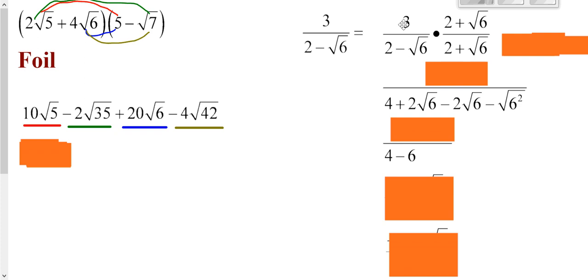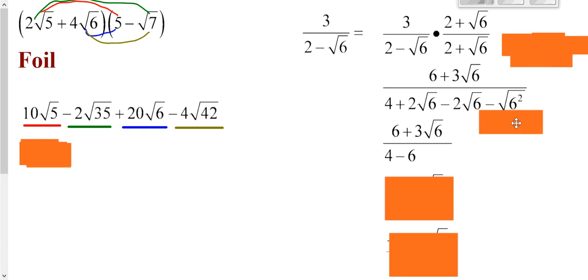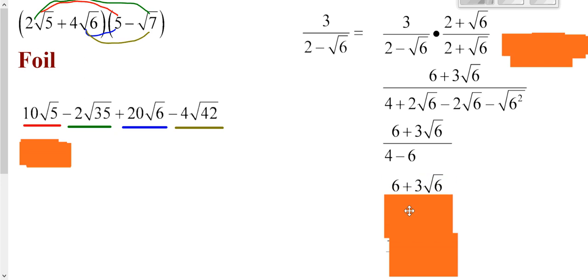On the top, all I'd have to do is take 3 and distribute it through here. 3 times 2 is 6, 3 times my root, and I just have to bring that down. So now, bring that down on top, simplify the bottom down to a negative 2.